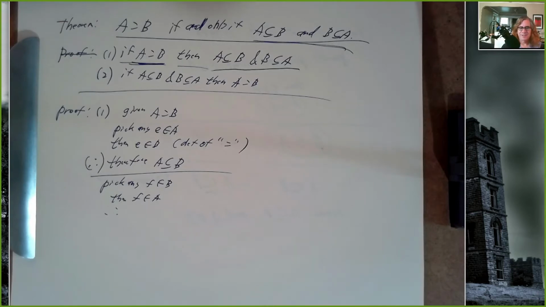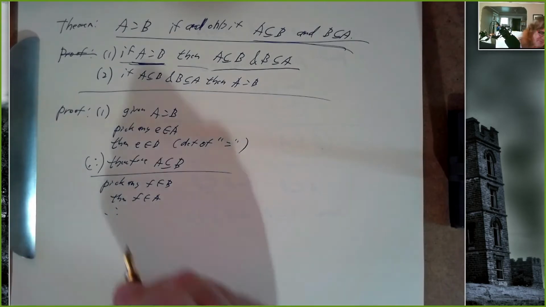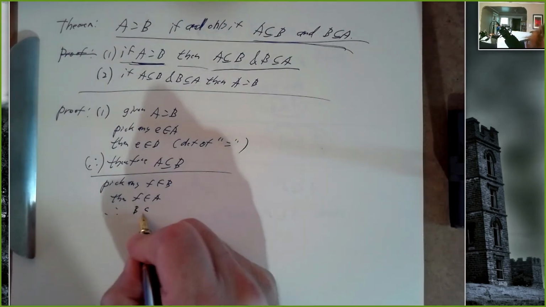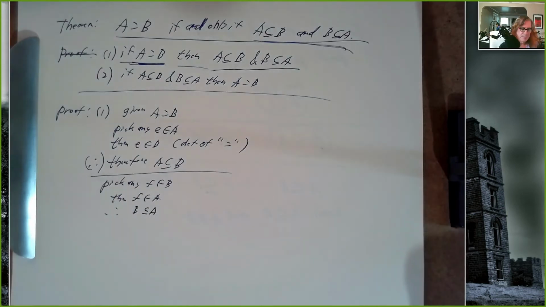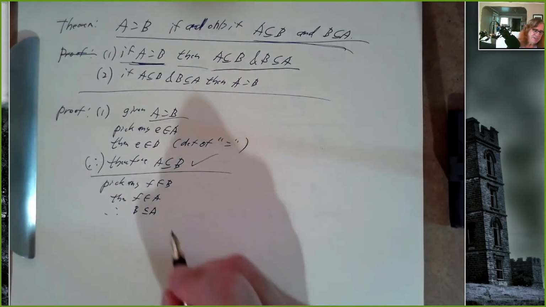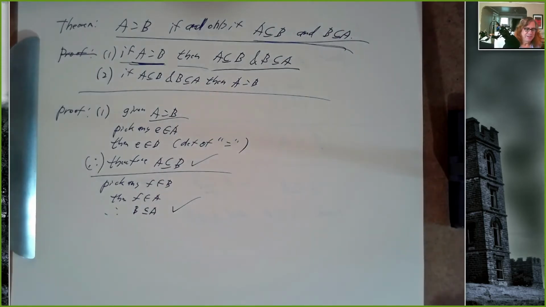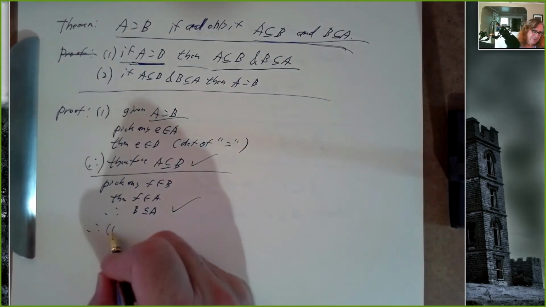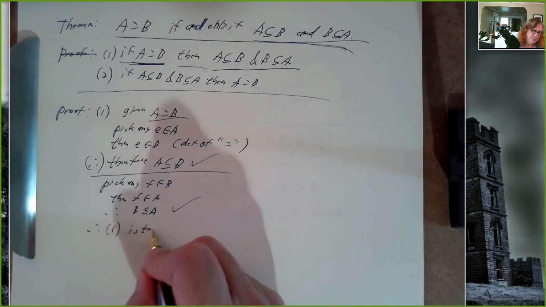It sounds very fancy. So we say it so often we have an abbreviation for it, three dots in a triangle. Therefore, B is a subset of A. So given A equals B, we've proven A is a subset of B and B is a subset of A. Therefore, statement 1 is true.